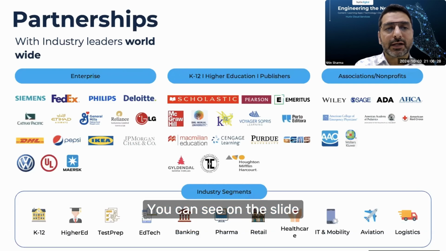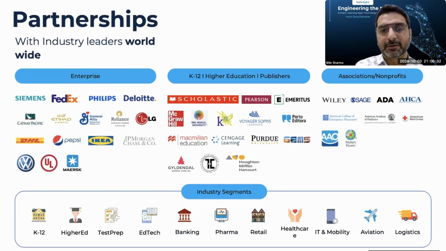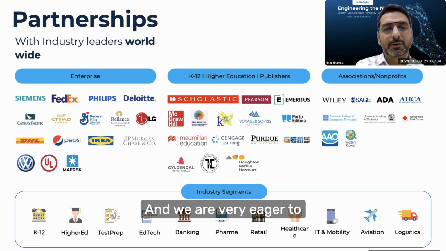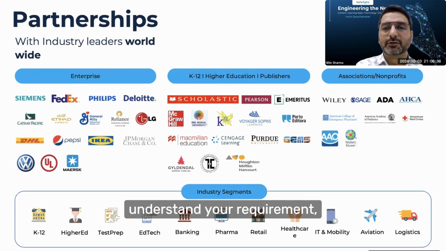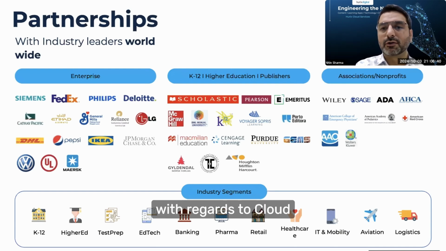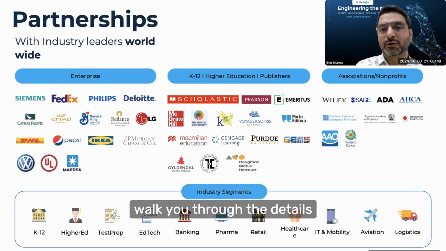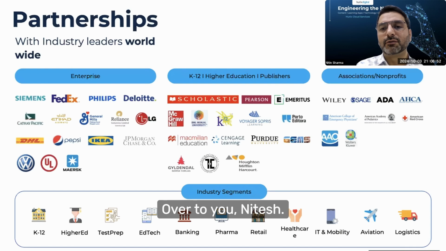You can see on the slide here some of the marquee logos that we are already working closely with, and we are very eager to understand your requirement, your pain point with regards to cloud services and see how we can also partner with you. With that brief introduction, let me bring in Nitesh to walk you through the details of the topic for the webinar today. Over to you, Nitesh.